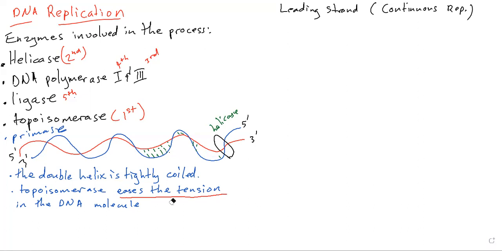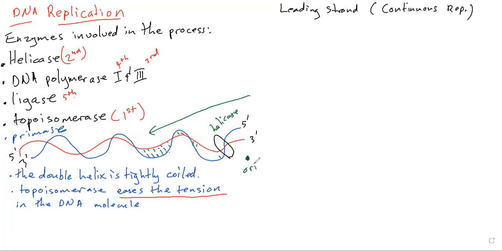For explanation purposes, I'm going to draw two straight lines. Now, if I'm breaking the bonds in this direction, so we are going in this direction, that means DNA replication is starting at this point.